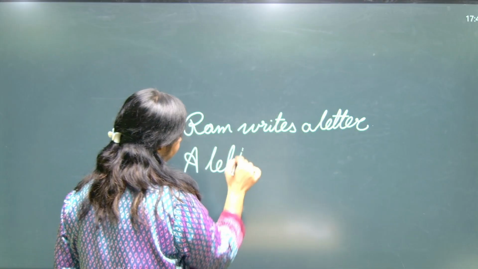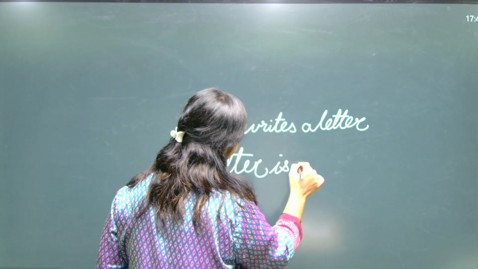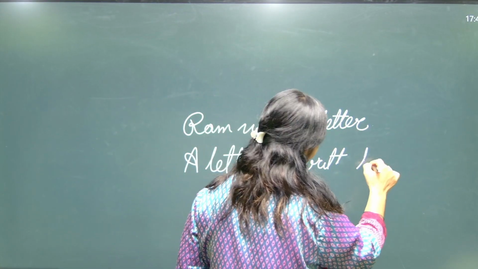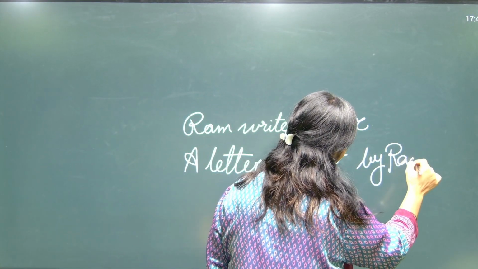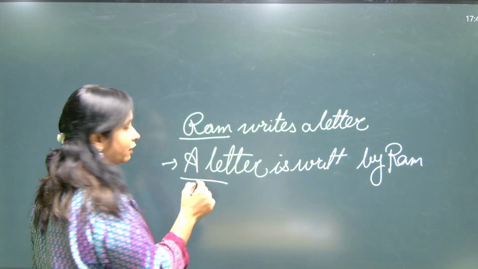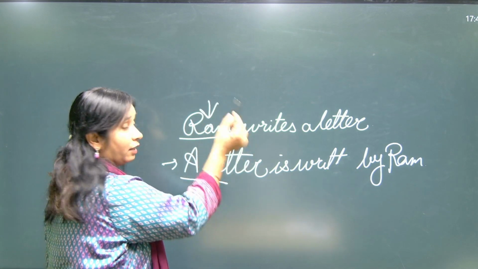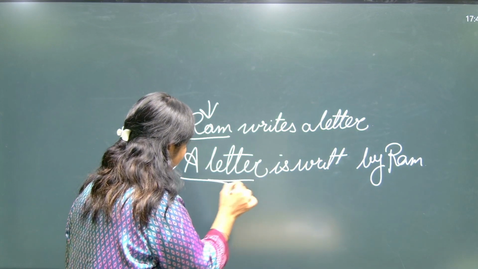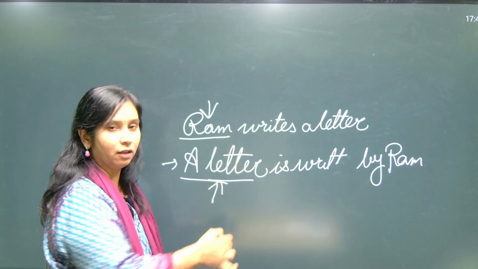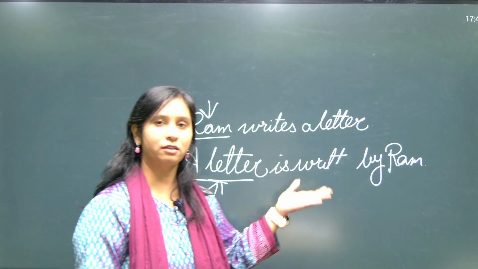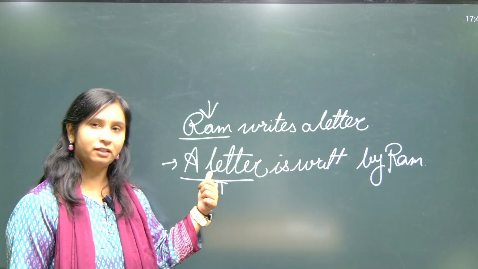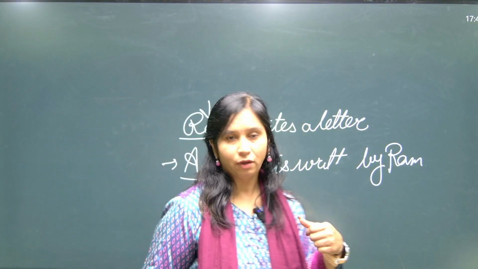A letter is written by Ram. Now, what is the difference here between both of these sentences? The difference is Ram is doing the action, and here the action is received by the letter. So this is called voice, where the subject does the action or the subject is receiving the action.